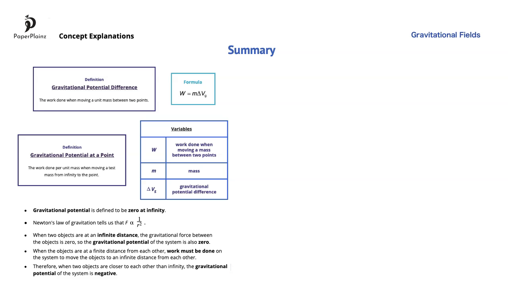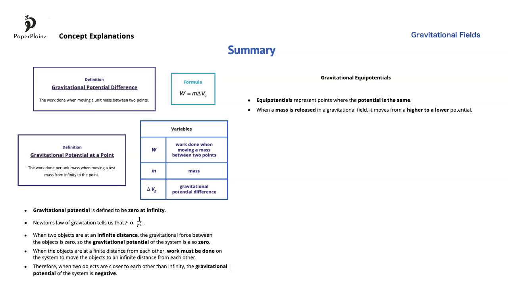Next, we discussed gravitational equipotentials and stated that equipotentials represent points where the potential is the same. We added that when a mass is released in a gravitational field, it moves from a higher to a lower potential, and that equipotentials are perpendicular to field lines.